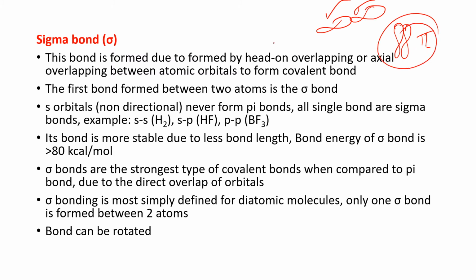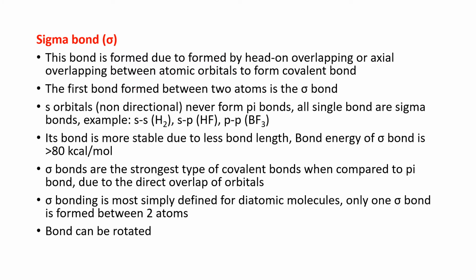And now let us discuss the sigma bond. The first bond formed between two atoms is a sigma bond. For example, take N2, nitrogen. Between the nitrogen atoms there are three bonds. Its valency is 3, so three bonds will be formed. Out of three bonds, the first bond formed will be the sigma bond, the remaining are pi bonds.